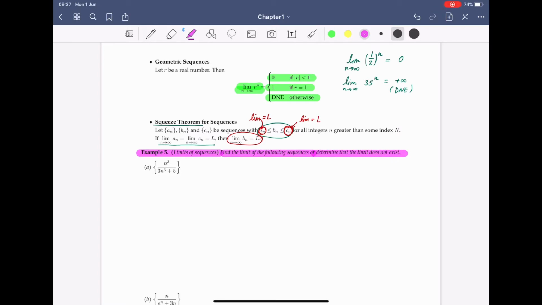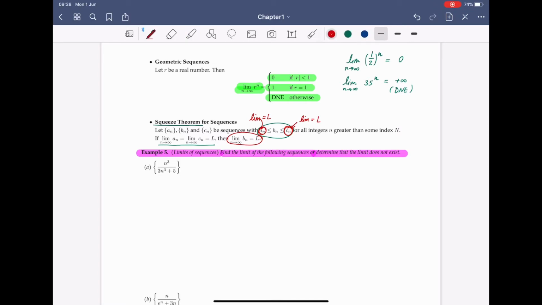Basically they ask you if the sequence is convergent or divergent, and if it's convergent, can you find the limit? The idea is super easy. You just compute the limit, and if the limit exists, you conclude that the sequence is convergent. If the limit does not exist, you say that the sequence is divergent.